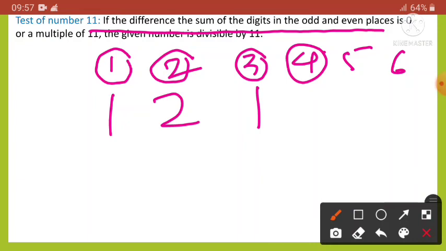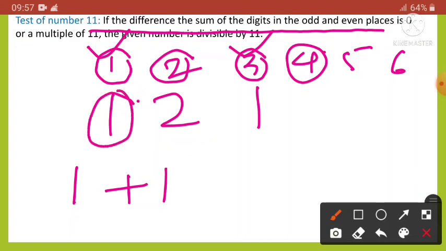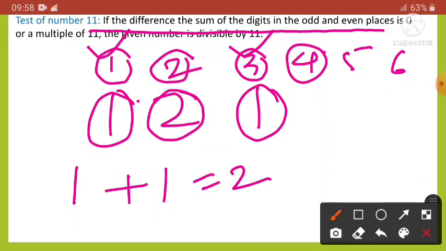Now if you do the sum of the digits in the odd places, it is 1 plus 1, because we know these are the odd places. So here the digit at the odd places is 1 and here also 1, so we are getting 2. And what is the digit in the even places?